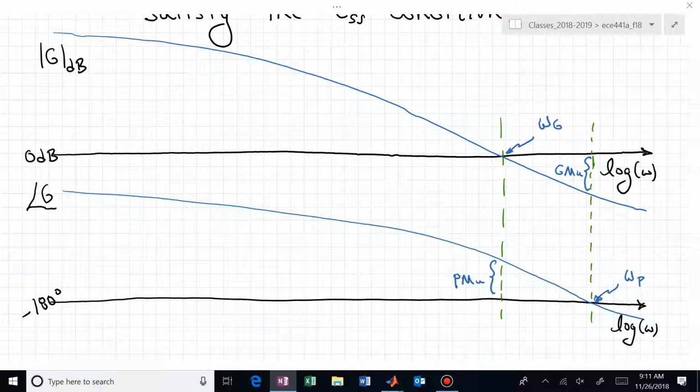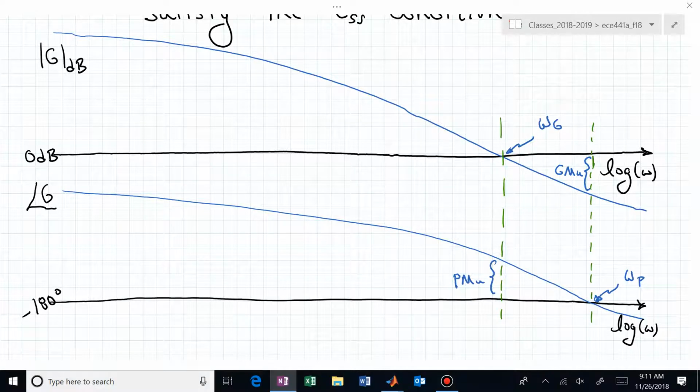Speeding up the system says you want to make the bandwidth, the crossover frequency, higher, so you're pushing that omega sub g to the right. Slowing it down says we can make that omega sub g smaller. And what happens if I make that omega sub g smaller? Well, that now allows my phase margin to be increased.